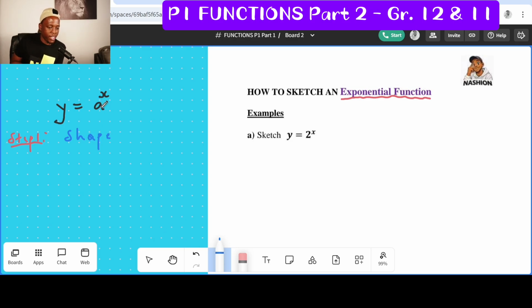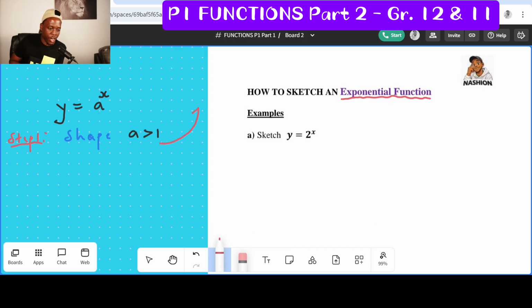Now this is quite a unique one because unlike in other graphs we did, in this case we are not going to be looking at the sign of a, but we are going to be looking at the value of a. So we check whether a is a number greater than 1 or less than 1. If a is a number greater than 1, the graph will be an increasing function.